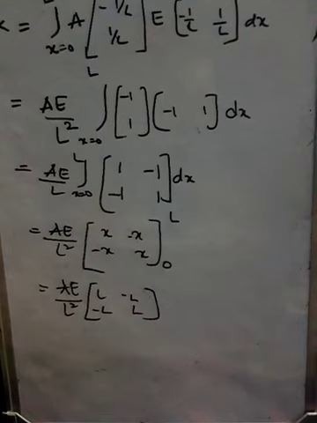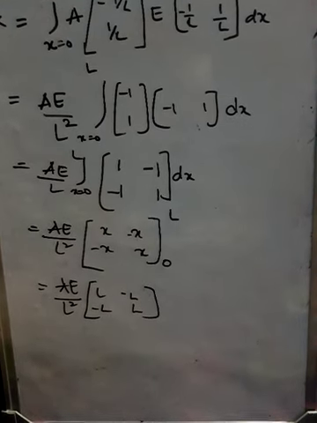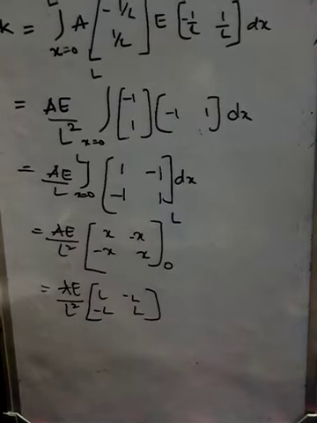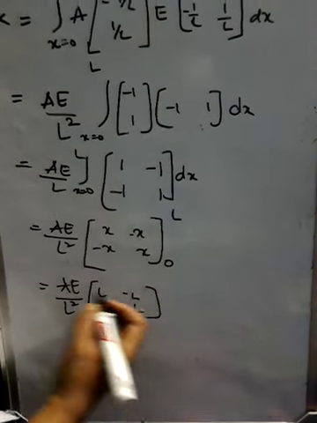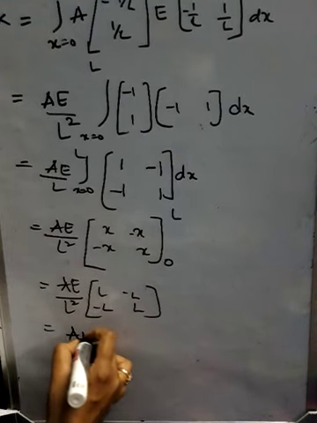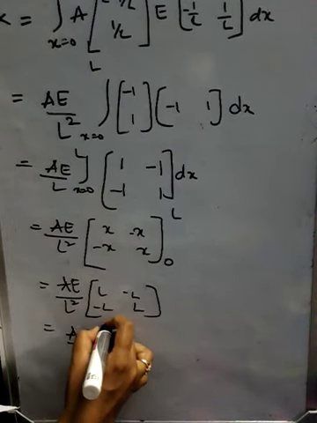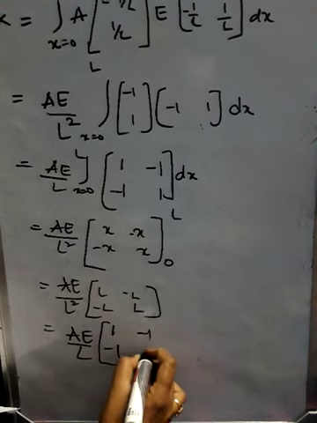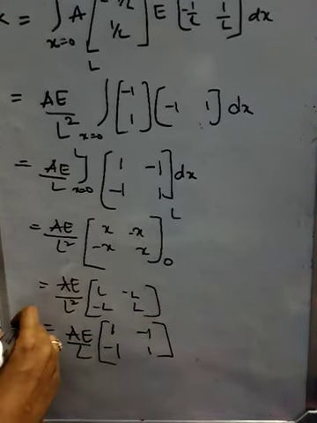So I'll apply the upper limit first, minus the lower limit. The lower limit is anyhow 0, so no need to bother. Now I'll take this L as common factor, so I'll be getting AE by L times 1, minus 1, minus 1, and 1.